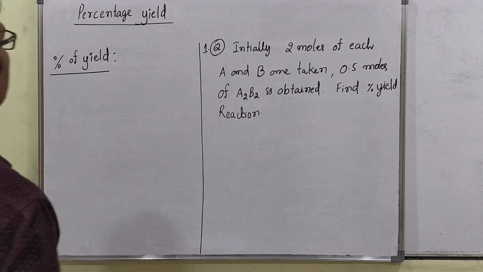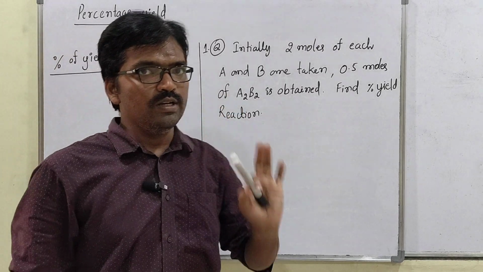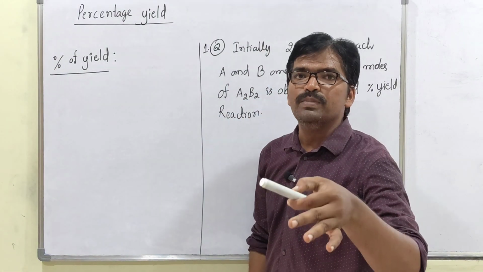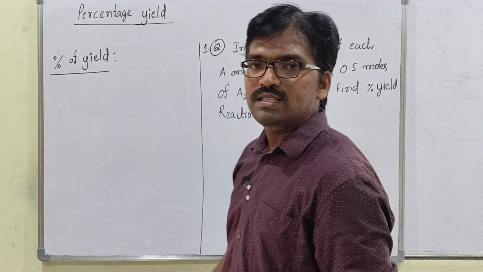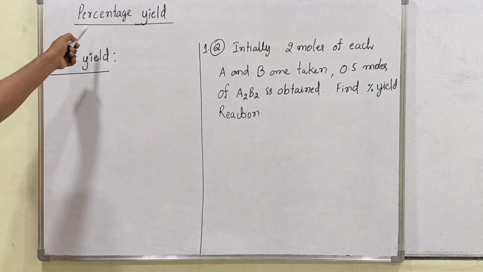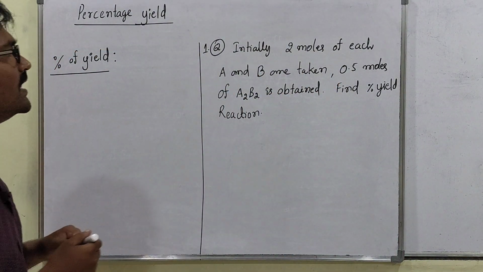Look, my dear students, here we have to discuss the percentage yield now. Previously we discussed percentage composition. Now percentage yield. Sir, what is the percentage yield? What is yield, sir?